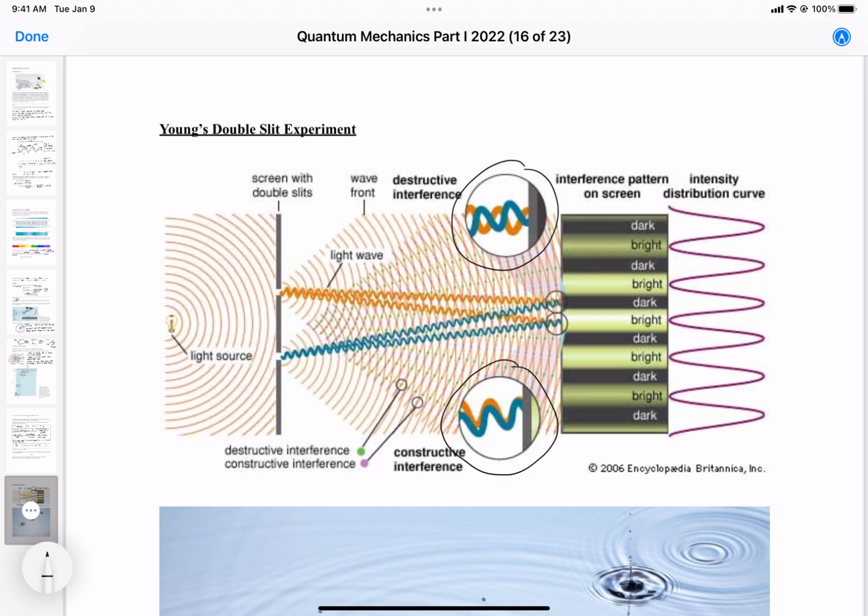So it's going from one maximum to one minimum, and that has to do with this interference pattern here. So light and electrons, they behave like waves. That was one kind of evidence for the wave nature of light and electrons.